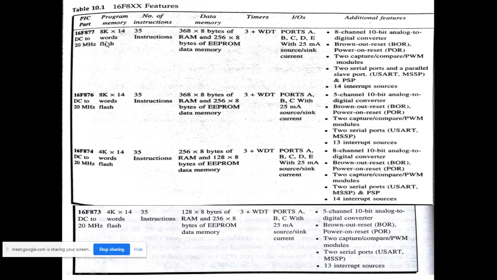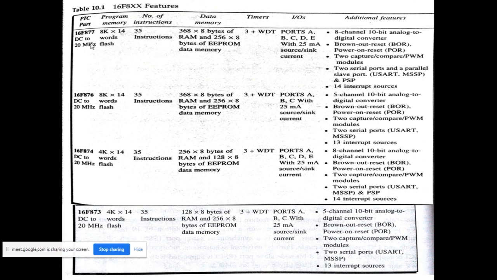This microcontroller has all the features which are typically available in this PIC family. So at the beginning we are discussing this particular device which is lying at the highest level in this family of the PIC microcontrollers.